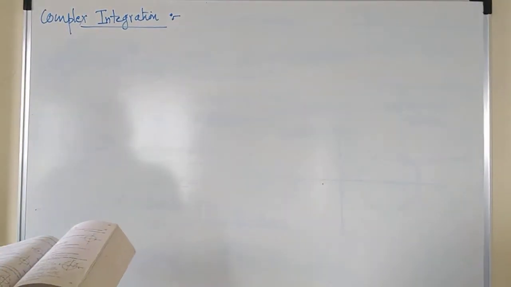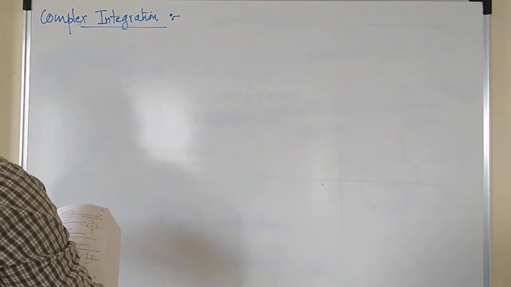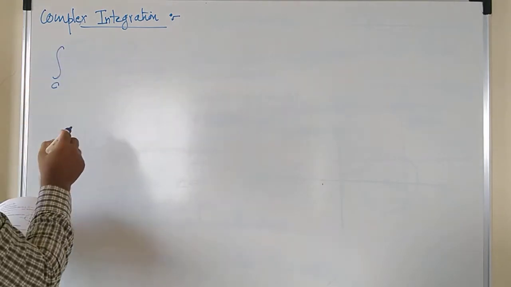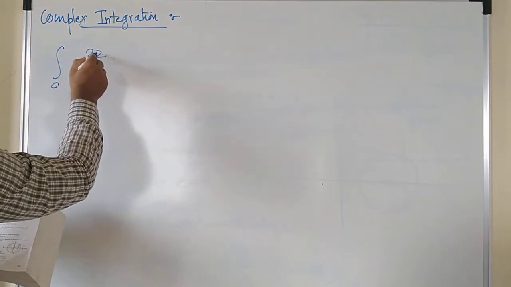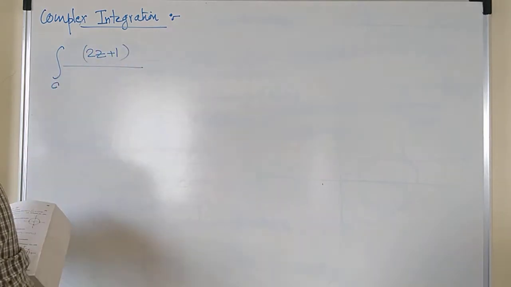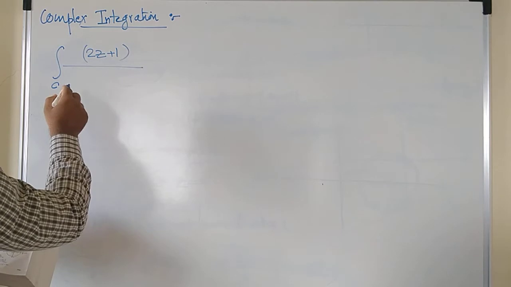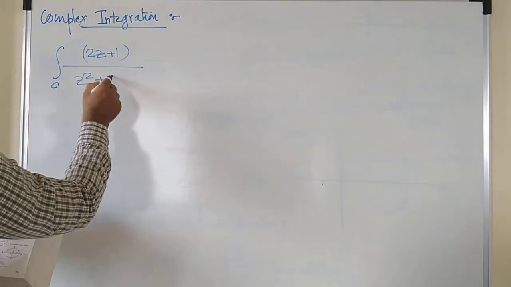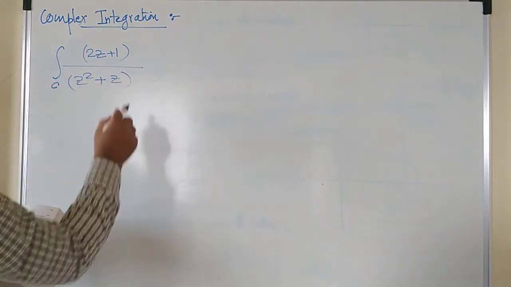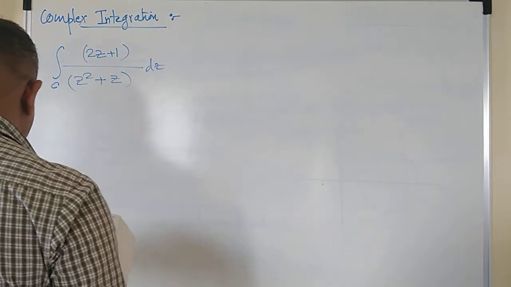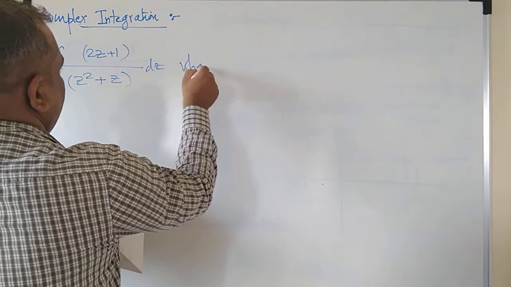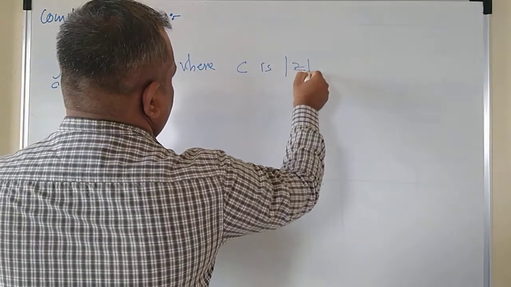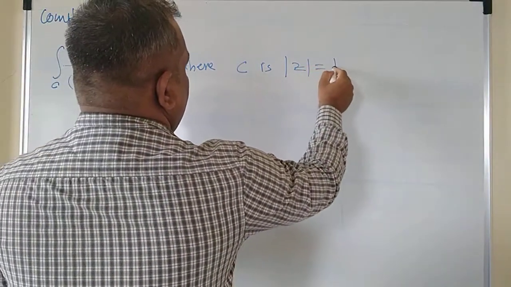The next example is the integral over the contour C of 2z plus 1 divided by z square plus z, into dz, where the contour C is mod of z equals half.